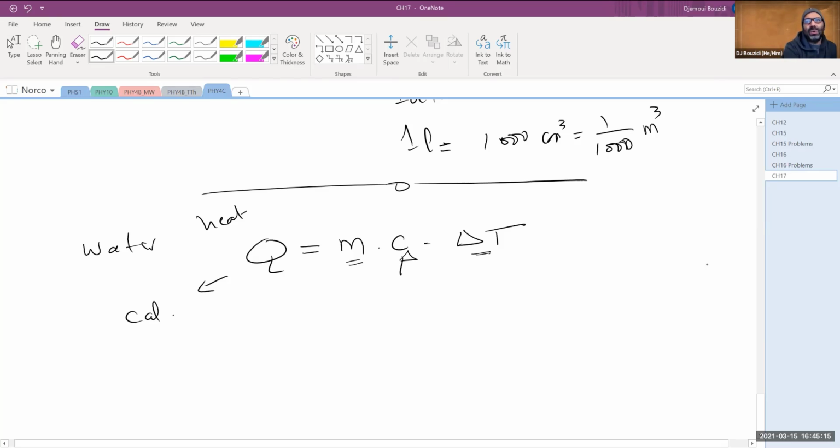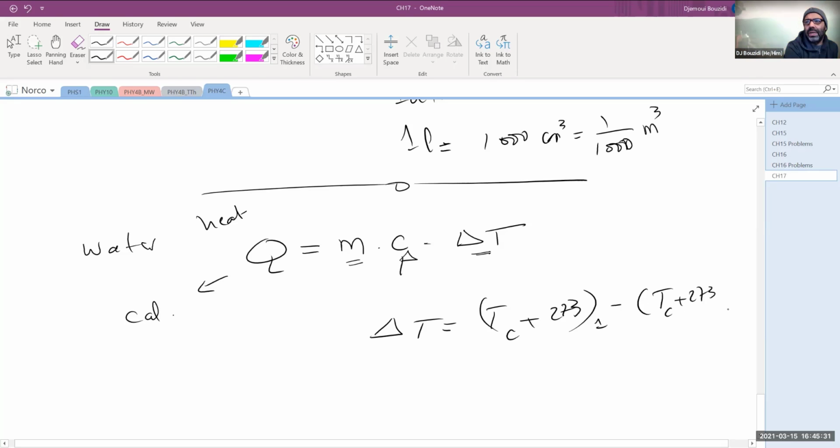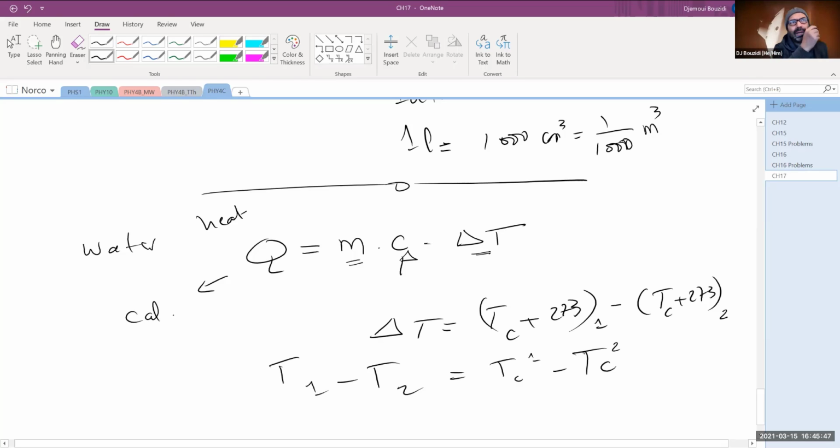By the way, if I'm measuring the difference in temperature, whether I use TC plus 273, this is temperature 1, minus the second temperature, TC plus 273, regardless of how I write it, this is the temperature in Kelvin 1, and this is the temperature in Kelvin 2.